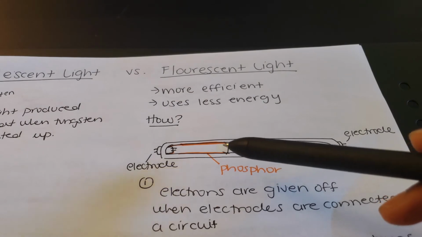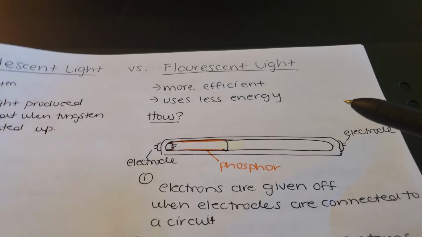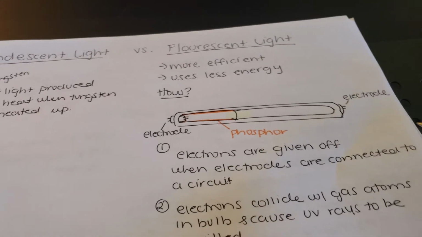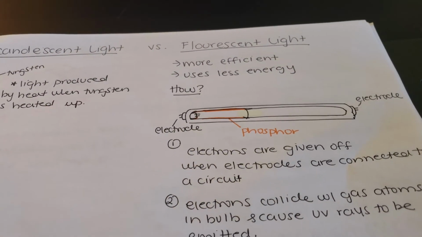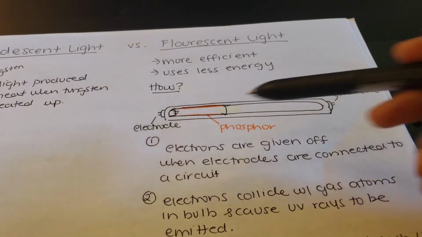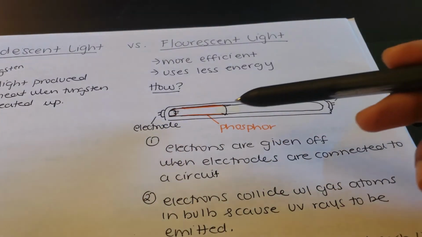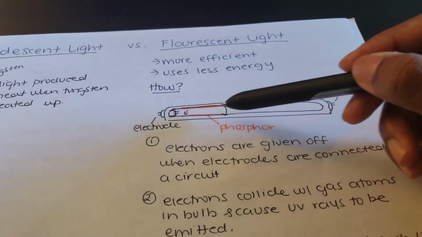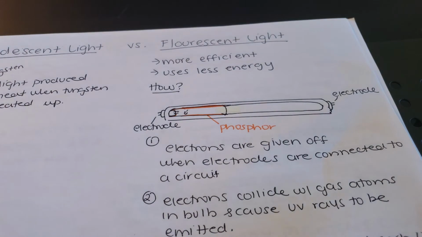So let's talk about what happens when you are plugged into a circuit. Electrons are going to be emitted when the electrodes are connected to a circuit. So when these electrodes right here are connected to a circuit, you're going to have electrons, I can draw them right here, that are going to be floating around because of the current that's flowing through it.